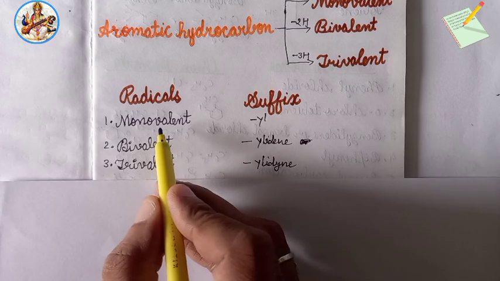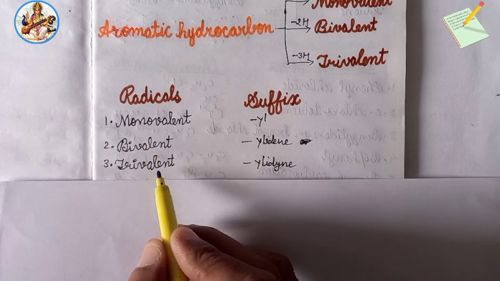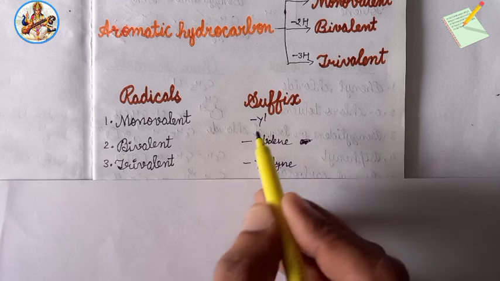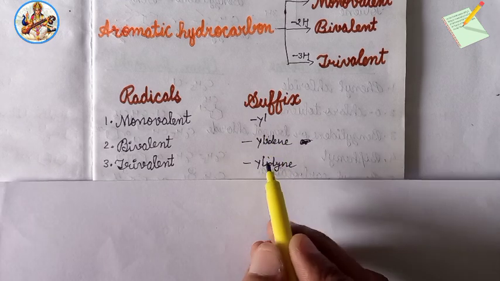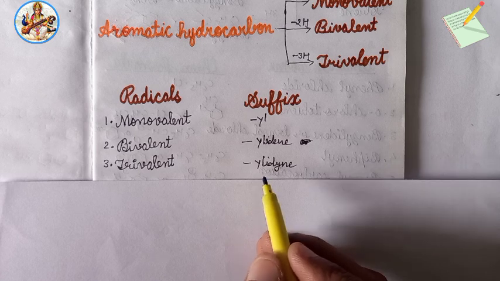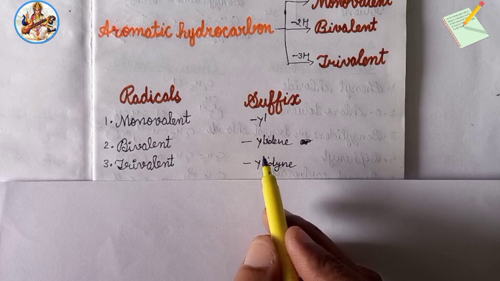For monovalent, bivalent and trivalent radicals, the suffixes -yl, -ylene and -ylidyne are used respectively for naming.